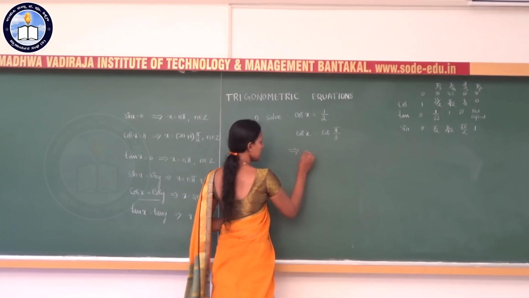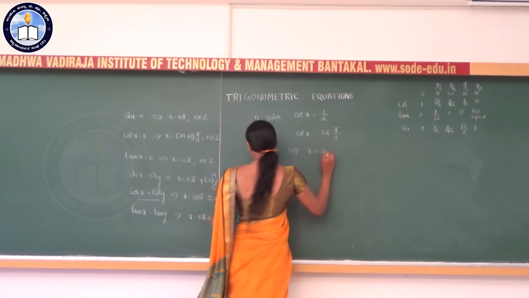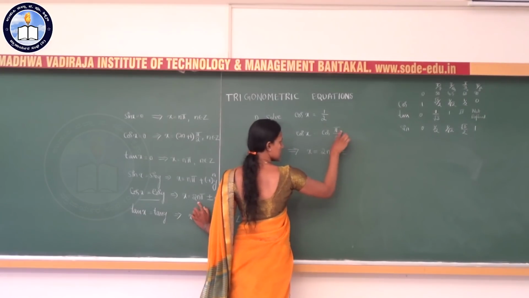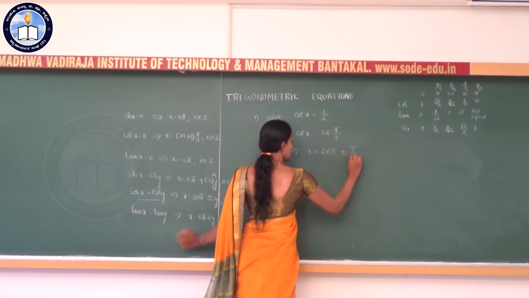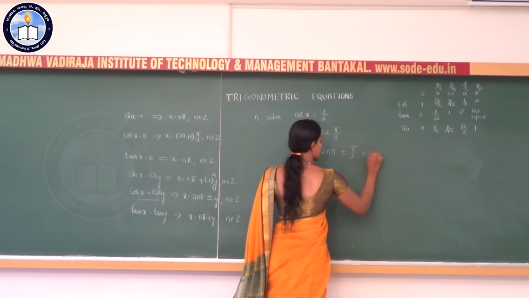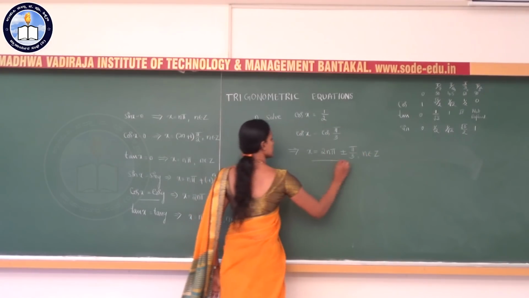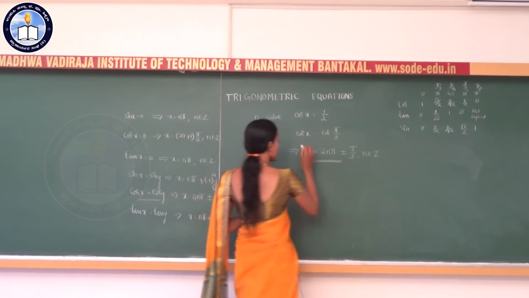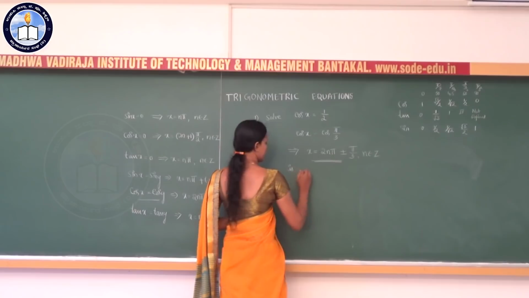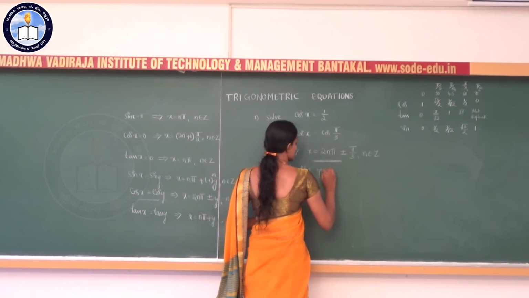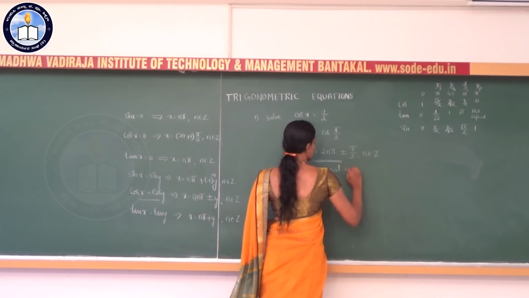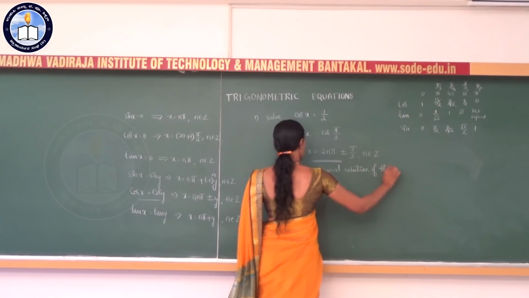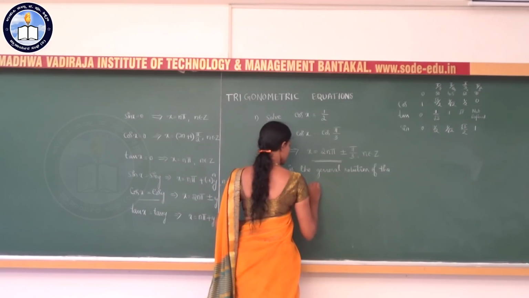So this implies x is equal to 2n pi plus or minus pi by 3, where n is an integer. So this is the general solution of the given trigonometric equation cos x is equal to half.